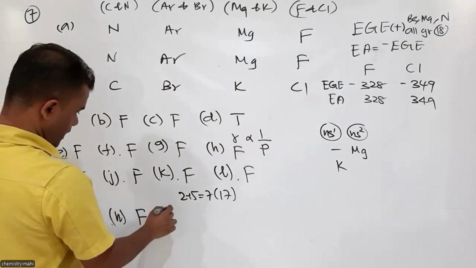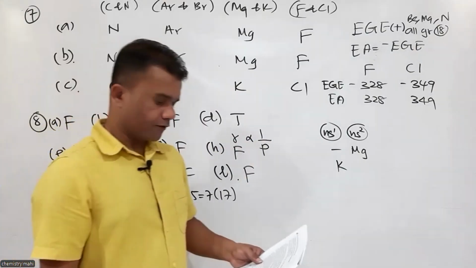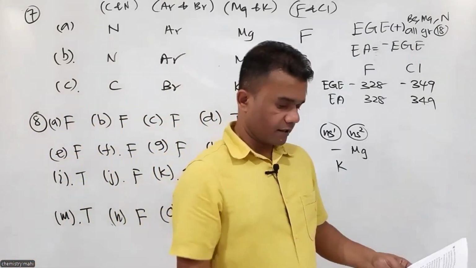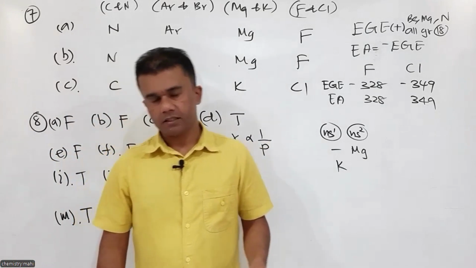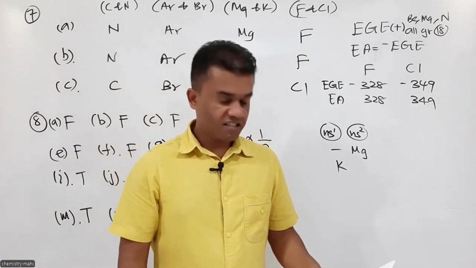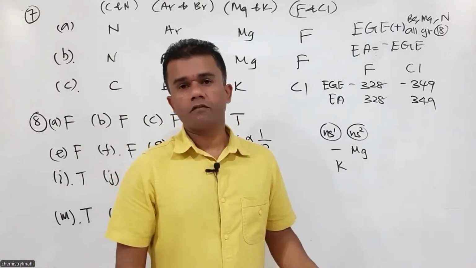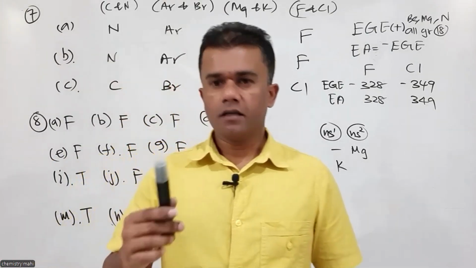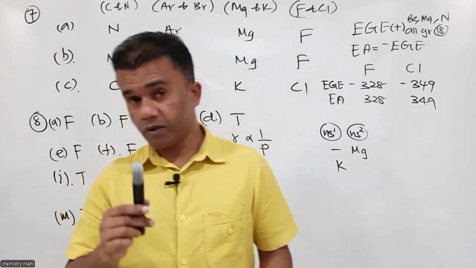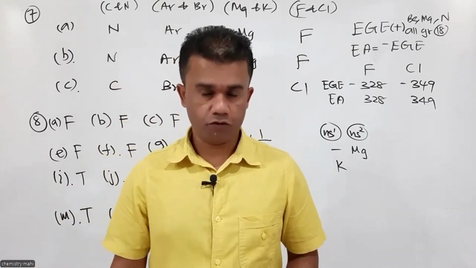O. Element O. What is this? The electron affinity values of alkaline earth metals are greater than those of alkali metals. Remember, electron affinity means negative electron gain energy. Then what about the electron gain energies? Alkali metals mean group 1, negative. Alkaline earth metals mean group 2, positive generally.